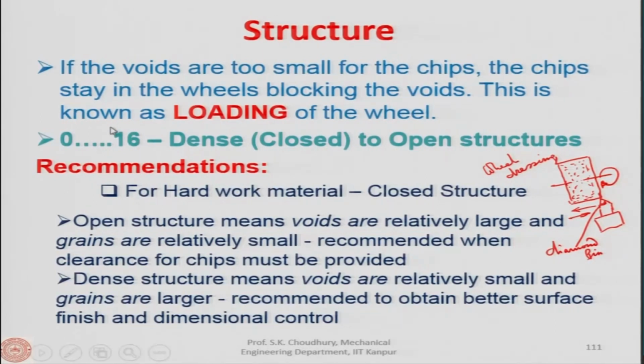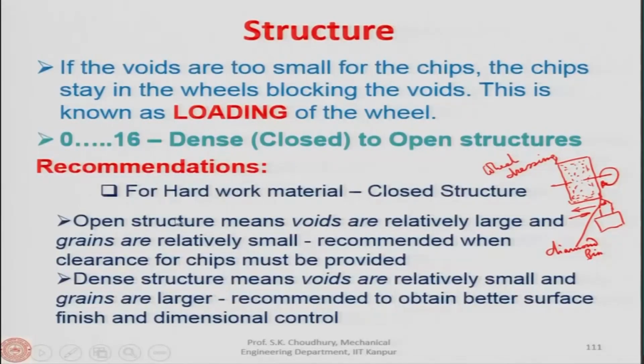That means if the structure is designated by 16, the voids are very big, and there will be little possibility of the chips getting clogged when the chips are small in grinding.